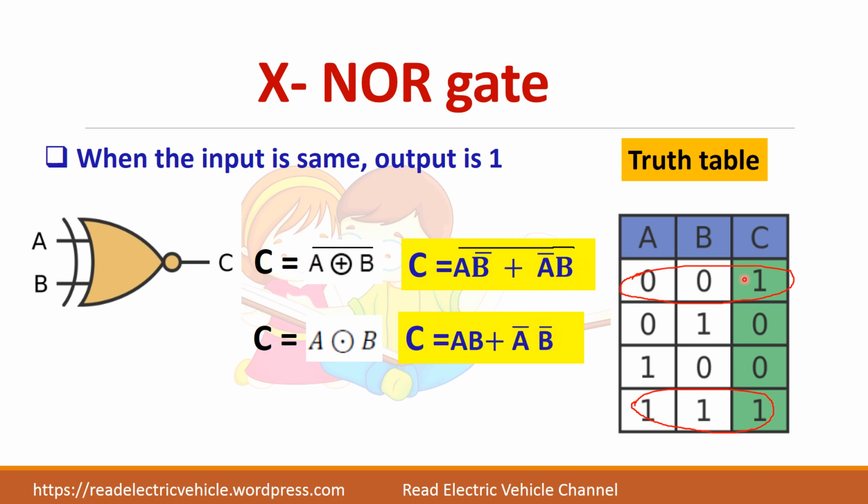You see here 0 0 you are getting high output, 1 1 you are getting high output. So what is this 1 1 condition? It means A B plus A bar B bar is the output expression, because for these two cases I am getting high output.